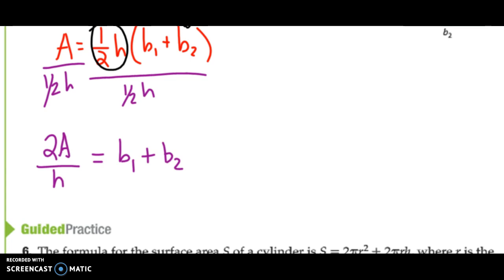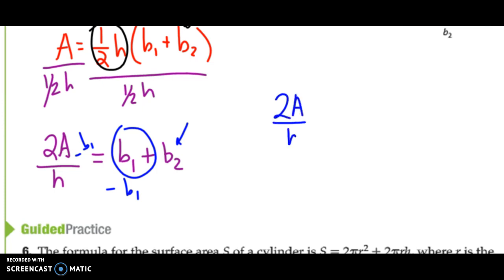Now if I want b2 by itself, I'd have to undo adding b1. So I subtract b1 from both sides. And I end up getting 2A over h minus b1 is equal to b2. Now this is technically the answer, but a lot of times we like to see it written where our isolated variable is on the left and everything else is on the right.